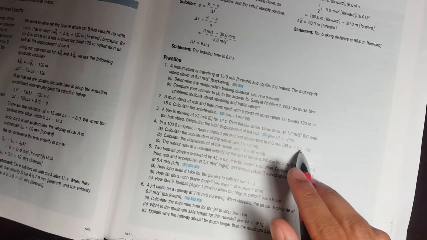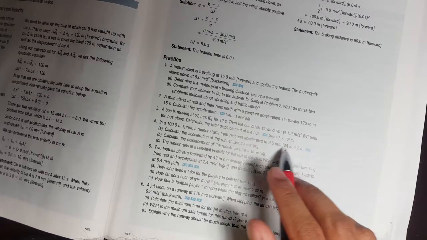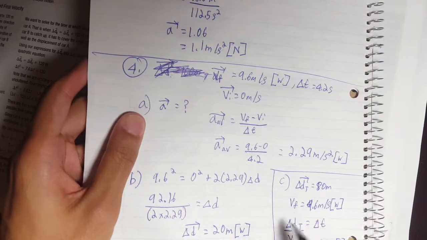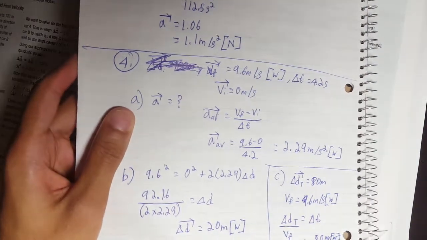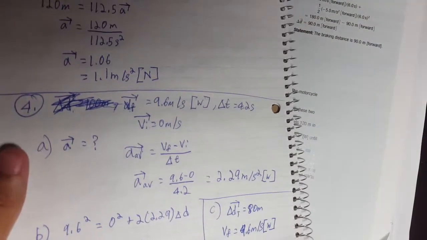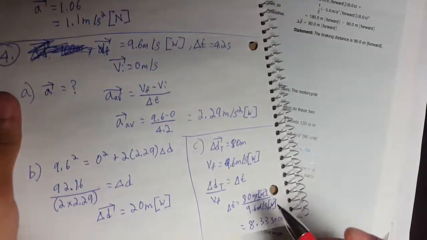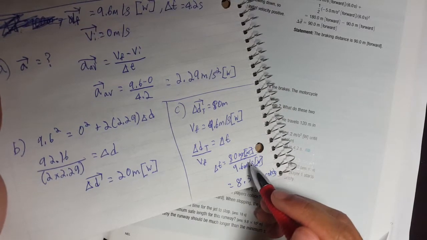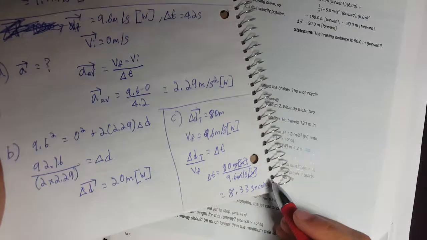But before that, remember, it took him 4.2 seconds to run 20 meters.